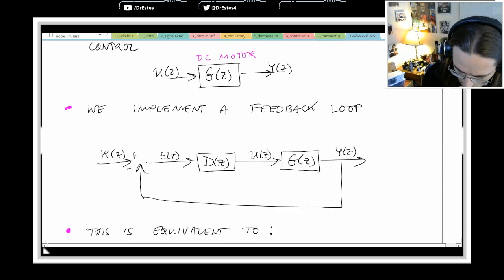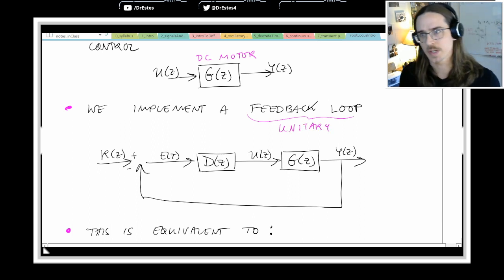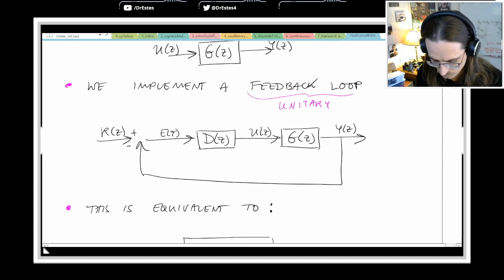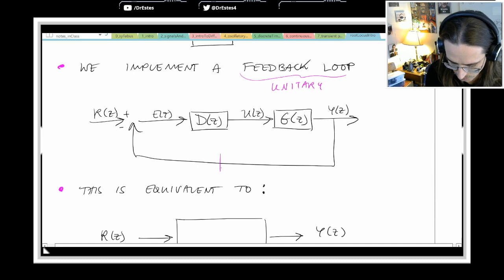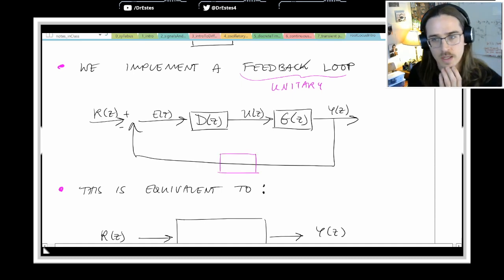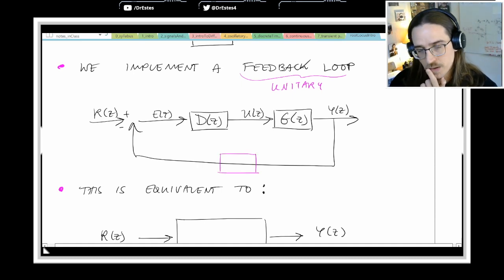This is called a unitary feedback loop, the one that we've been using. The reason it's called that is sometimes you can have another transfer function down here within the feedback loop.